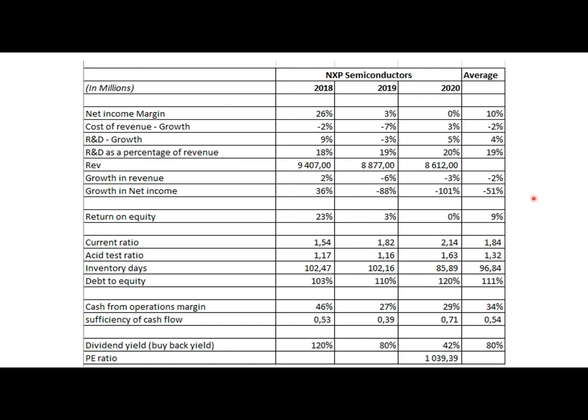So yeah, the difficult operating environment has really taken a hit on profitability. The R&D as a percentage of revenue is slightly below the industry average. At an average of about 19%, the industry average is about 20%.